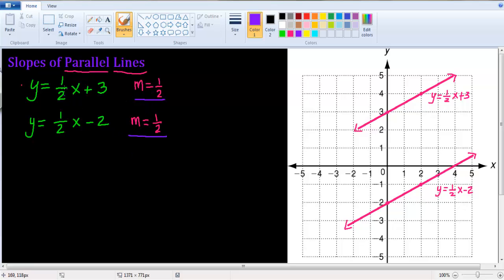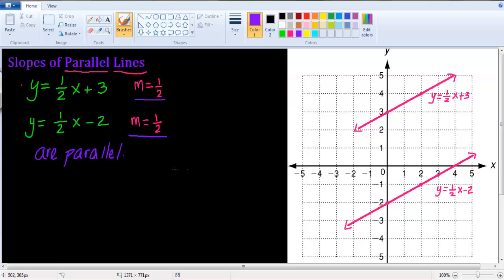As long as the equations have the same slope, I can say that these lines are parallel without even having to draw the lines. I just drew these lines so that you could see that they are parallel, that they will not ever intersect. So that tells me when the slopes are equal, the lines will be parallel.